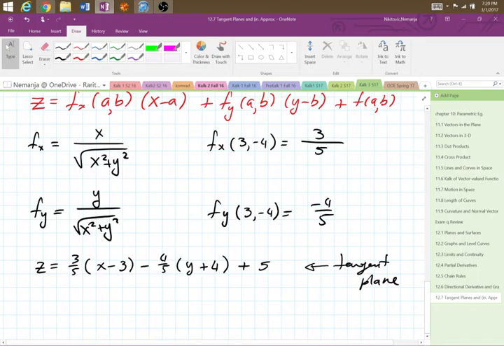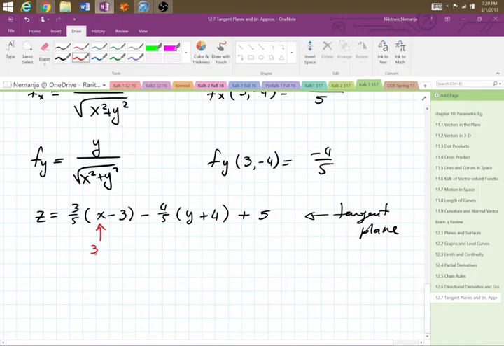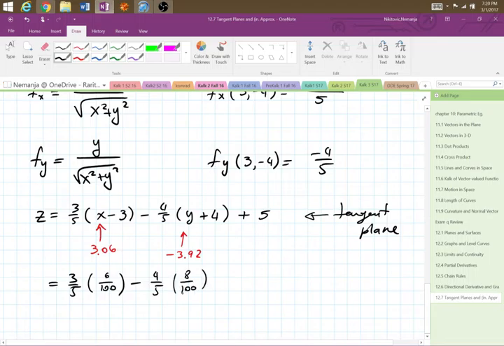And now you plug in the values that you're actually interested in, which are, what were the values? 3.06, 3.92, thank you very much. So now I have 3/5 times 6 over 100, minus 4/5 times 8 over 100, plus 5.